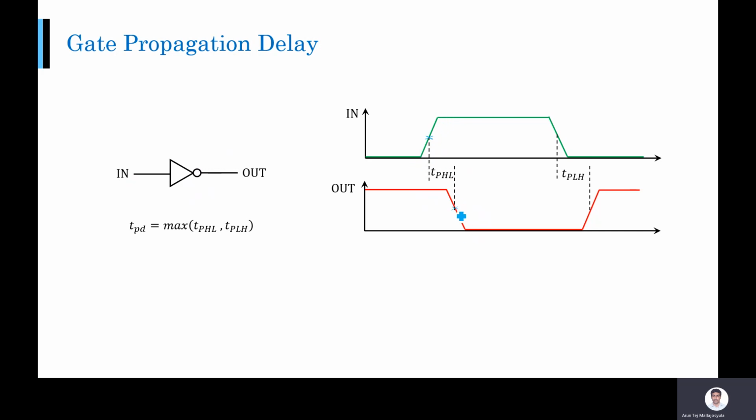The time where it reaches half its value, that point and this point, these are the two half value times. The difference between them is defined as TPHL. This is the propagation delay of your gate when it is switching from high to low.